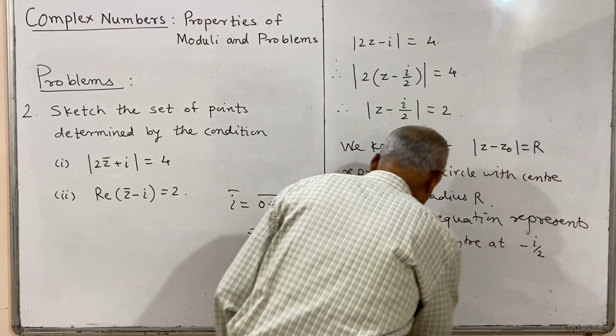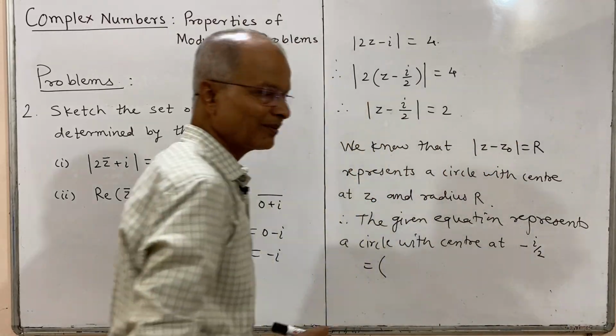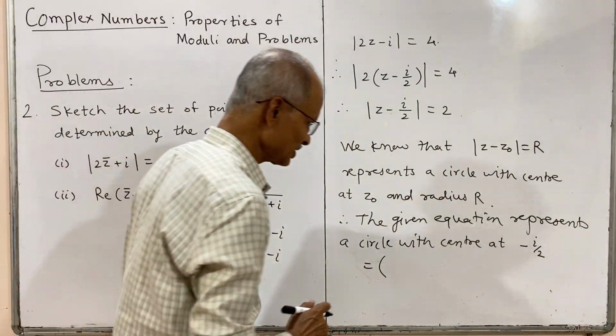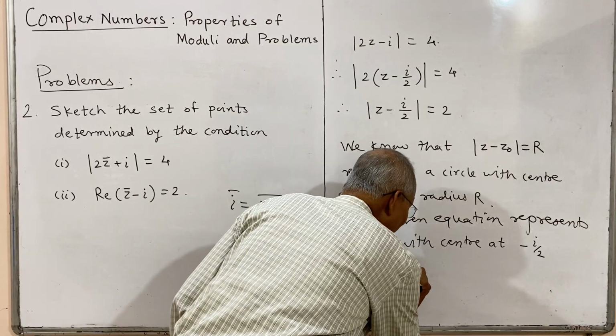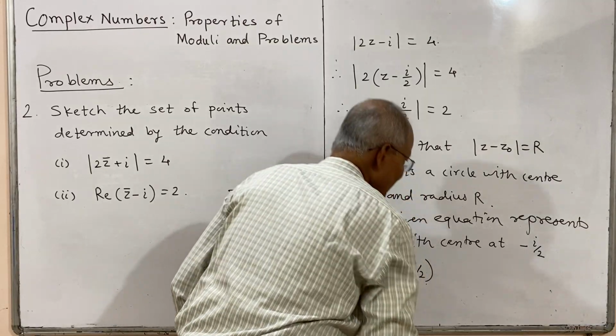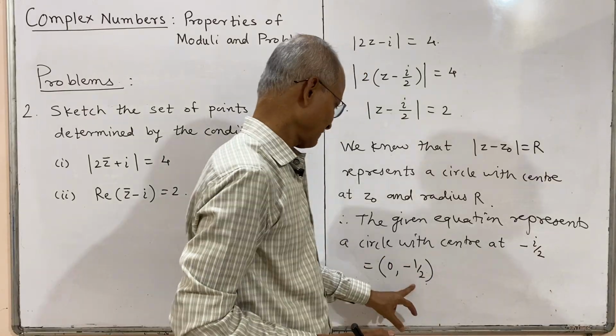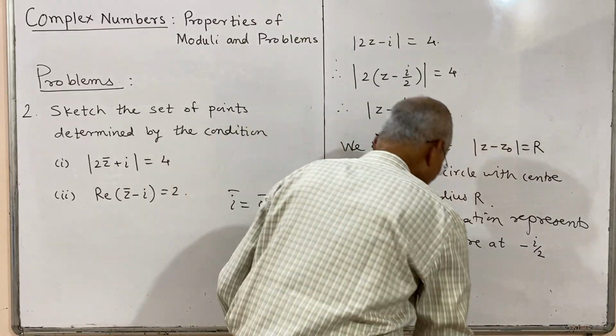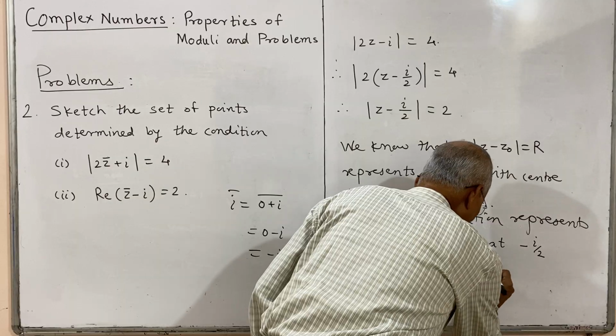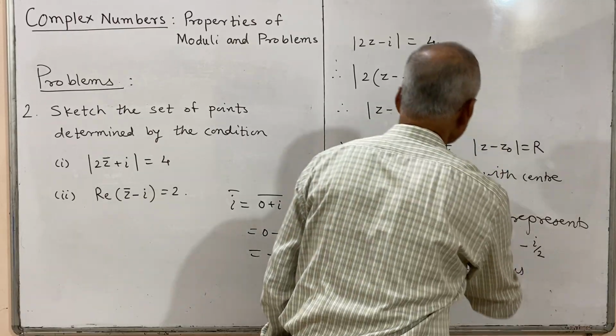This complex number can be represented in the complex plane as 0, minus half, because it has real part 0 and imaginary part minus half. Center at this point, and radius is 2.